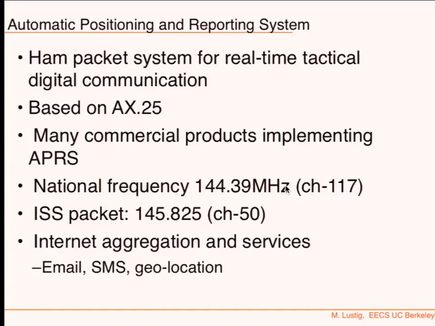The balloon project that I showed you used APRS because it's already there. They can just transmit packets and it will be picked up and aggregated by APRS internet links. So they don't need extra infrastructure to track something. Okay, so that's a really useful thing.